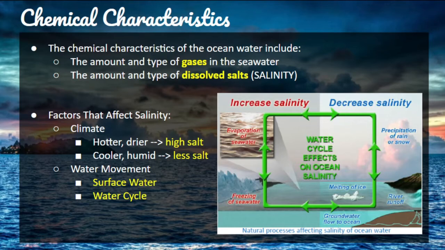You also are going to have different levels of salinity as to where the water is in the water cycle, whether we're evaporating, whether it's precipitation and falling down, whether it's melting, whether it's coming from river runoff or groundwater or freezing water. So just take a look at this little diagram off to the side and sort of see what affects the increase and decrease of salinity. You may want to, again, draw this out on your notes. It might be helpful.